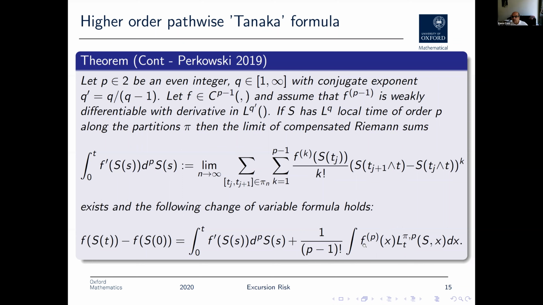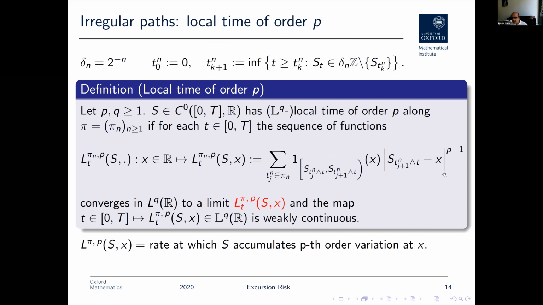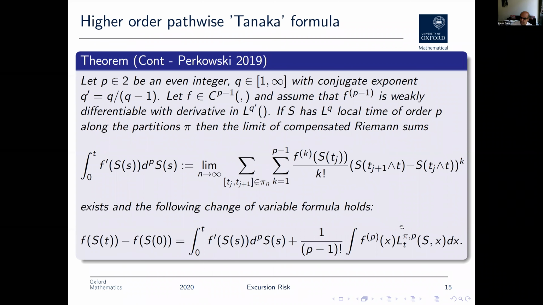And then you have a remainder term, which is an integral of the last derivative, f^(p), with respect to the local time of order p. So you can think of it as a high order Tanaka formula. This really shows why we're interested in this Taylor expansion and the remainder, and why this is the correct definition, because if you define it like this, then this is exactly what shows up in the discrete approximations, and it will converge to the remainder term in the Tanaka formula.